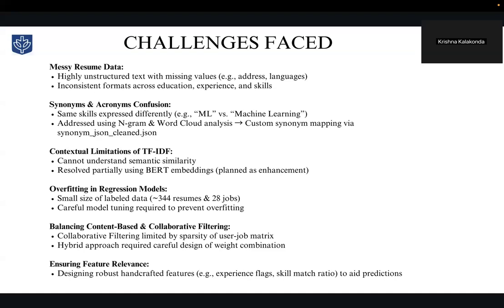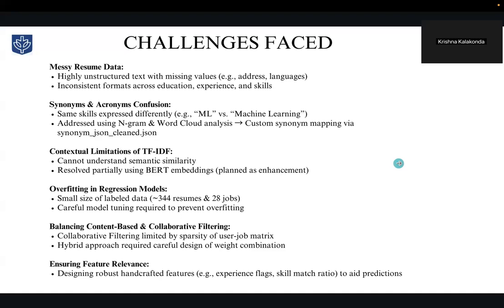That was a big issue which we attempted to fix using BERT, because BERT can understand some semantics. However, as our data was very low in size and we used complex models such as ensemble models like extreme gradient boosting, there was some issue of overfitting, which we tried to fix using parameter tuning.